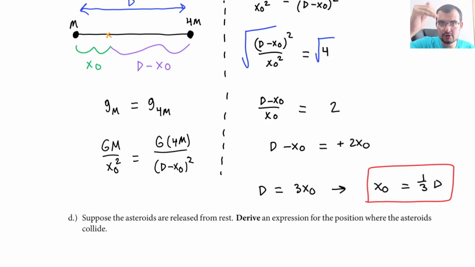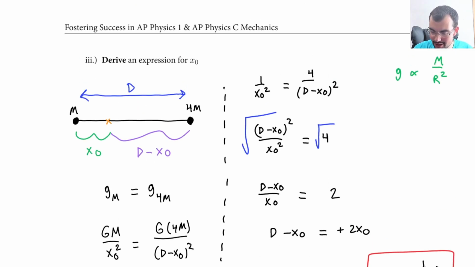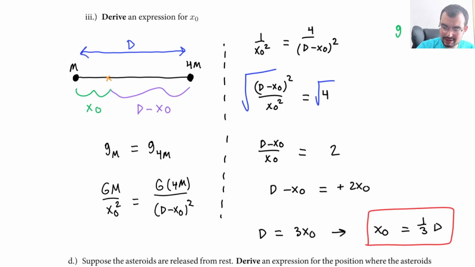So if the numerator is 4 times, the denominator must also be 4 times. So if the mass of the second object was 4 times, to generate the same field, our distance should have been 2, to make that 2 squared equals 4. All that to say, the distance from the large mass must have been exactly double.